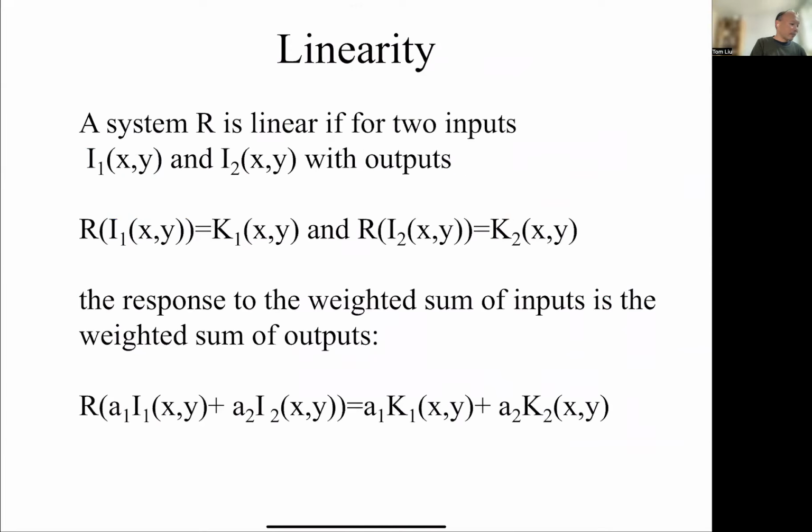So we say a system is linear if for two inputs I1 and I2 with outputs K1 and K2, a weighted sum of those inputs, A1 I1 plus A2 I2, gives the output A1 K1 plus A2 K2.